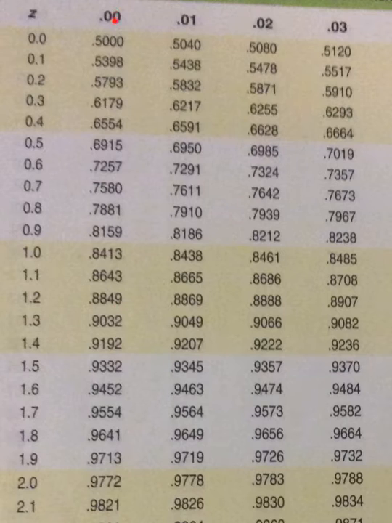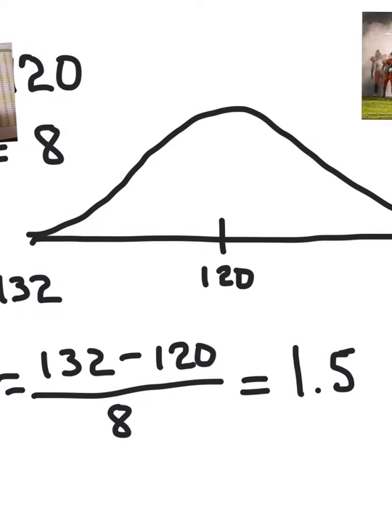Right here is our percentile, 0.9332. So at 1.5, our percentile is 93.32. That's our percentile.